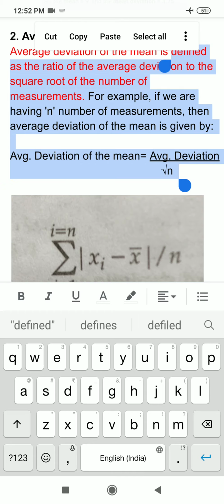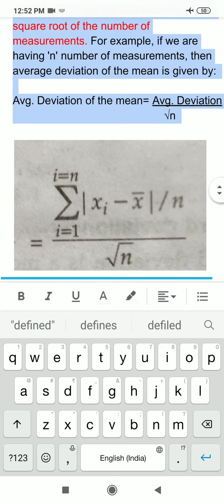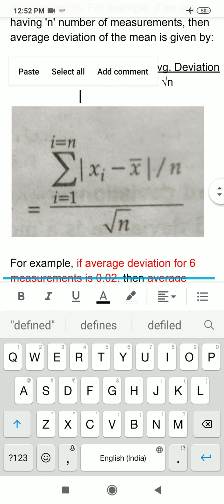That means you have to express the average deviation in terms of the mean. So what will you do? You will divide it by the number of values n, but you have to take the square root in this case. Writing it in terms of average deviation, I told you in the previous case we calculated the average deviation as the summation of xi minus x bar from i equal to 1 to n, divided by n.